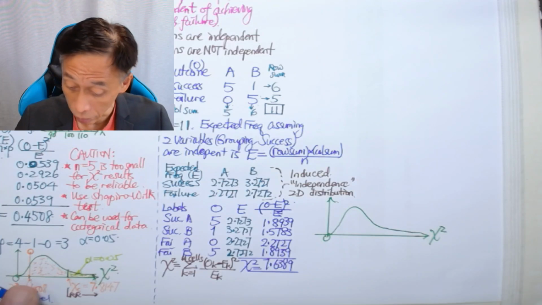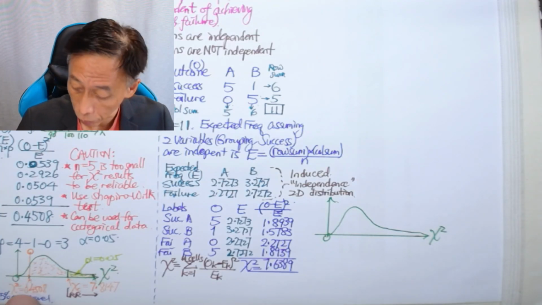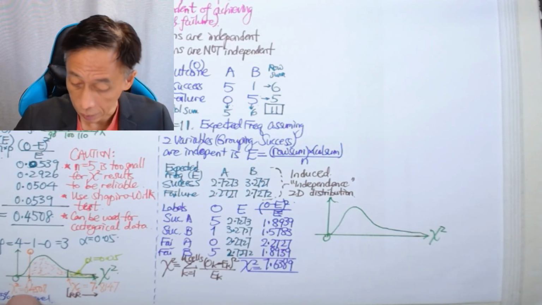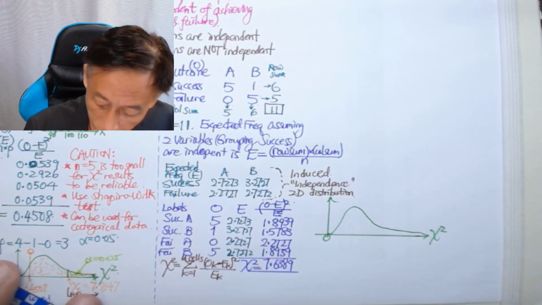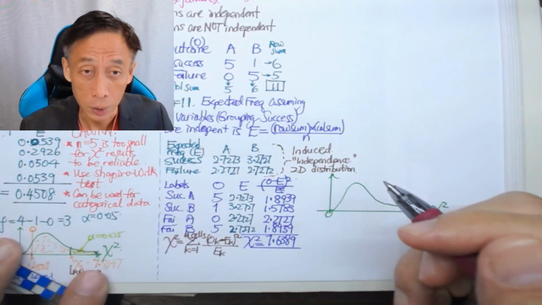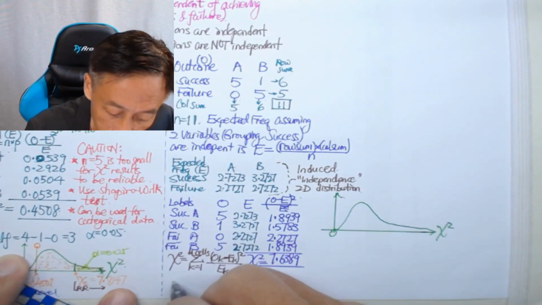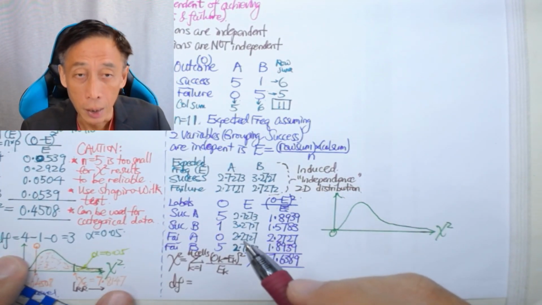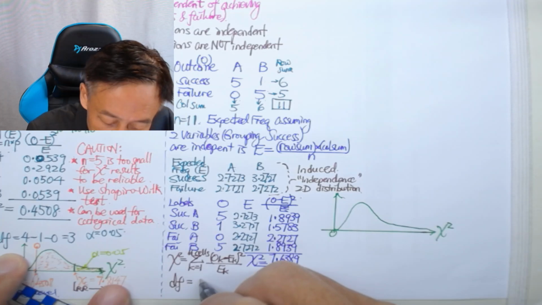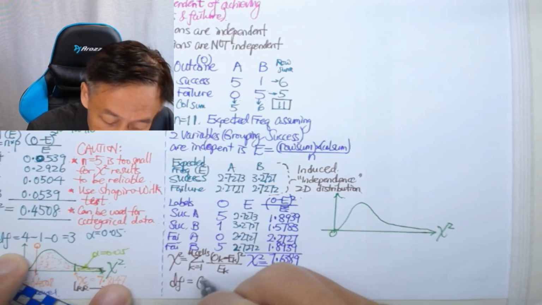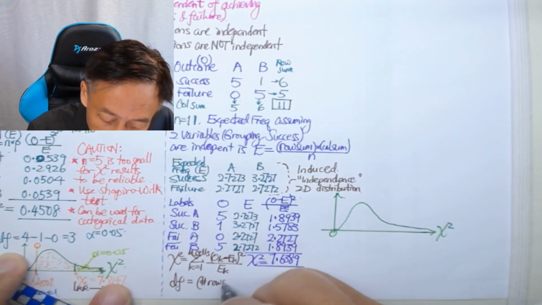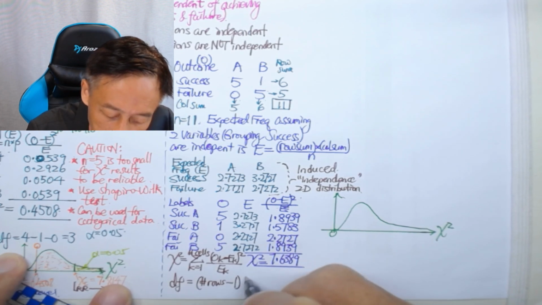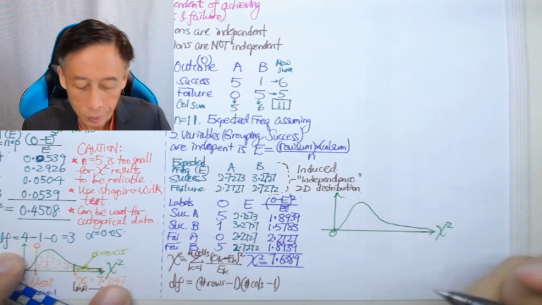And the degree of freedom that we have, it's good because the degree of freedom formula changes a little bit. It's going to be number of rows minus 1 times number of columns minus 1. That's it.